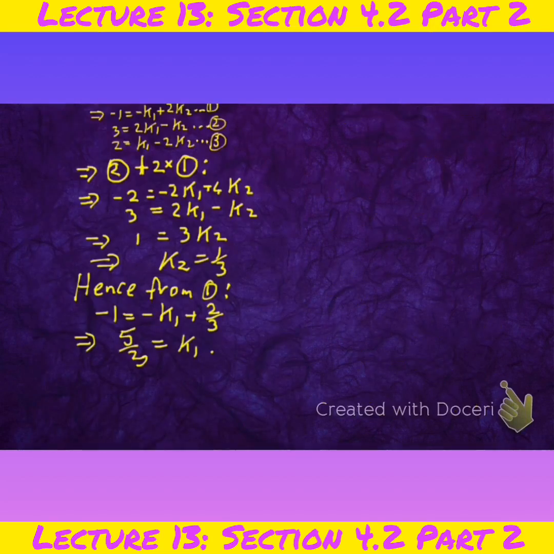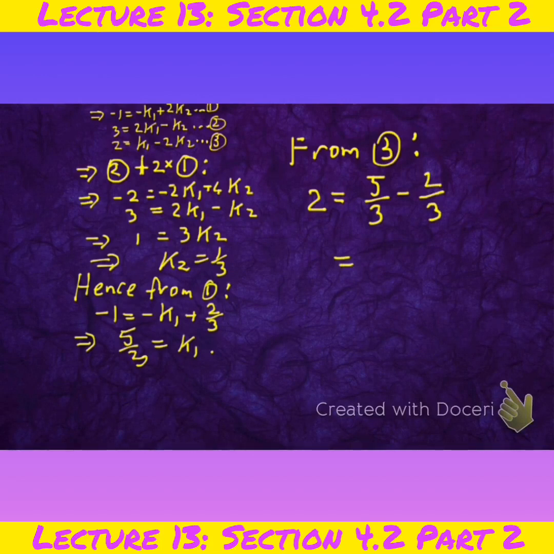Carrying on, from the third equation we get that 2 has to be equal to K1 minus 2K2 if the system is satisfied, which is 5 over 3 minus 2/3. All right, now 5 minus 2 is 3 over 3, which is equal to 1.